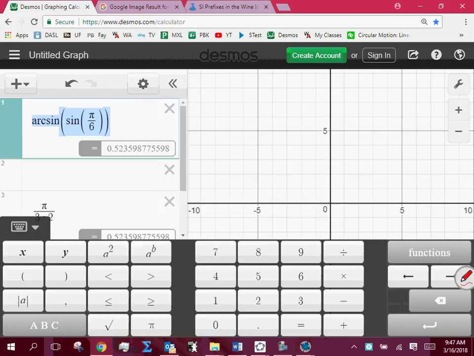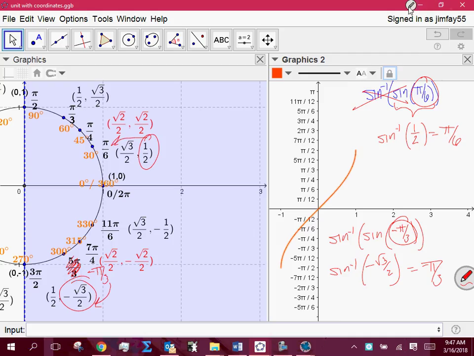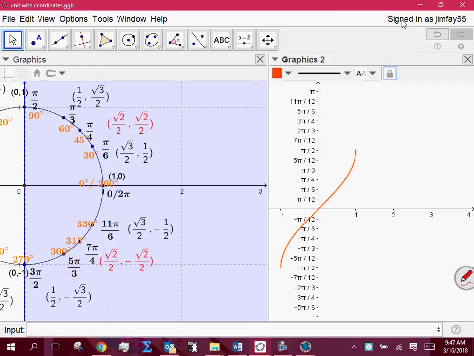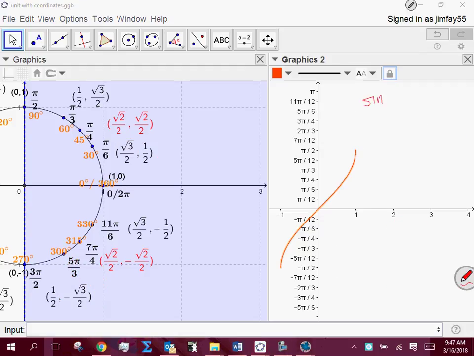But now here's my question. Does that happen when I go sine inverse of sine of 5 pi over 6? Okay. What is the sine of 5 pi over 6?